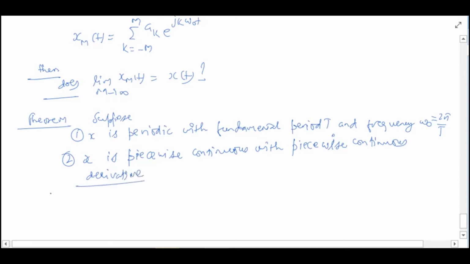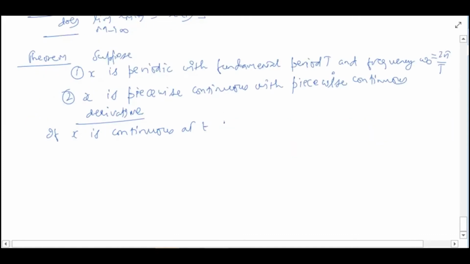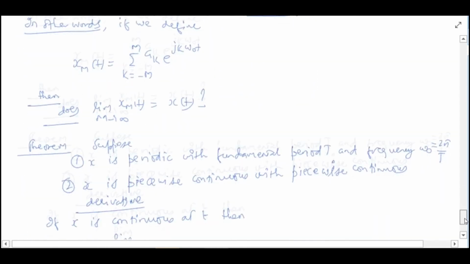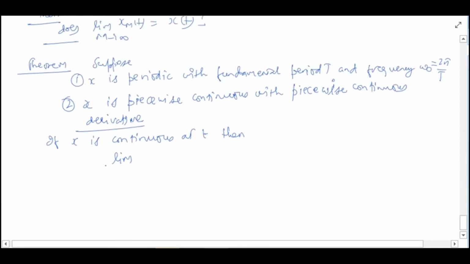Under these hypotheses, if x is continuous at a point t, then the limit that we would have liked to exist indeed exists. So the limit as M tends to infinity of x_M(t) is equal to x(t).